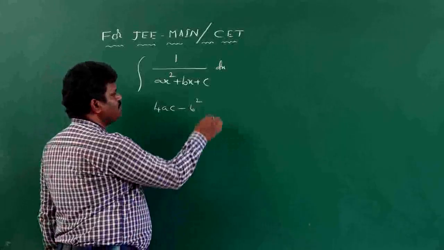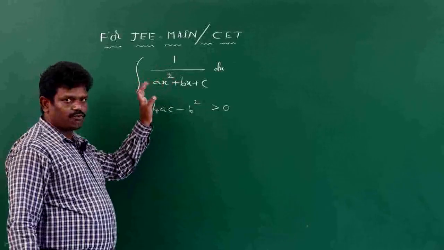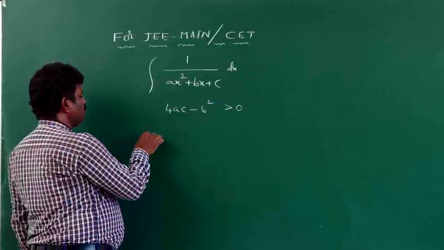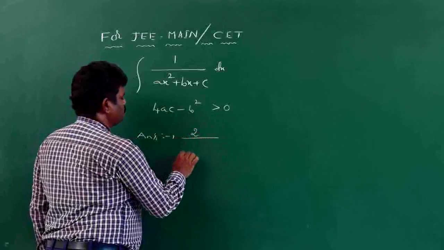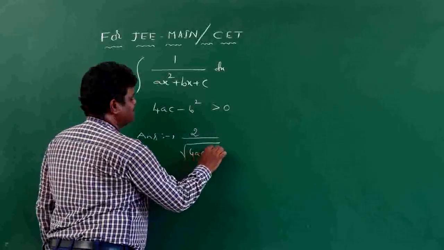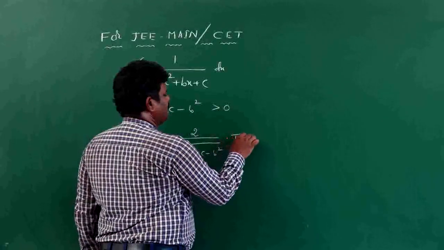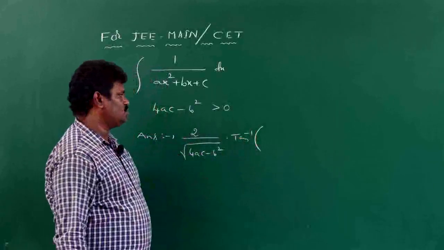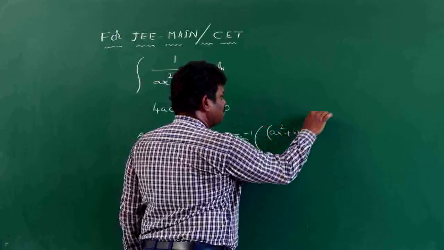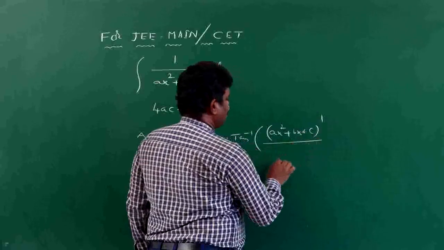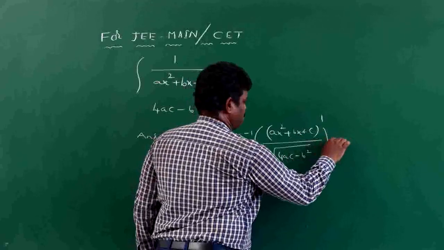If this value is greater than 0, then the answer of the given integral is 2 by square root of 4ac minus b square into tan inverse of the derivative of ax square plus bx plus c divided by square root of 4ac minus b square, plus c.